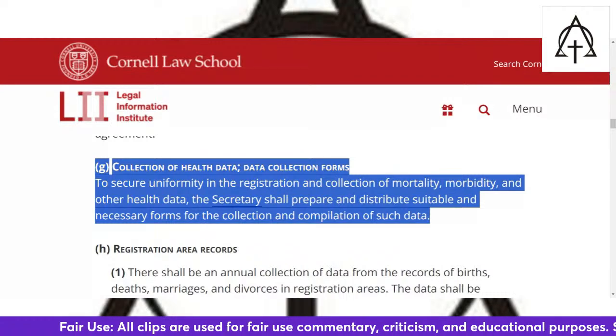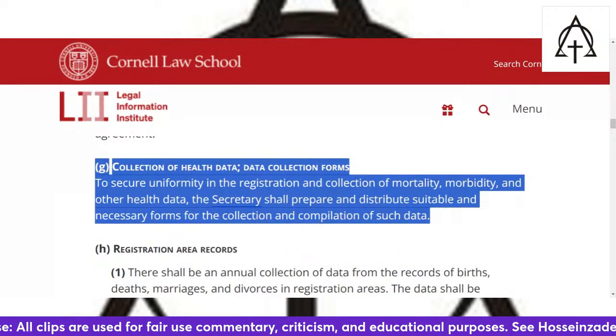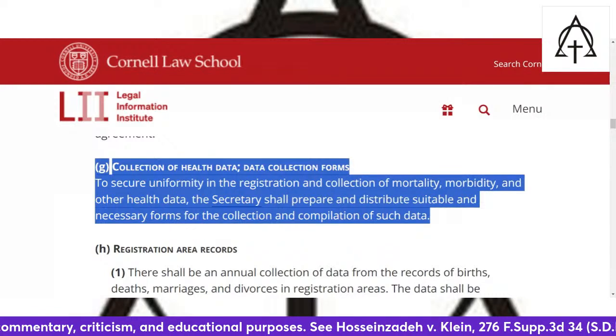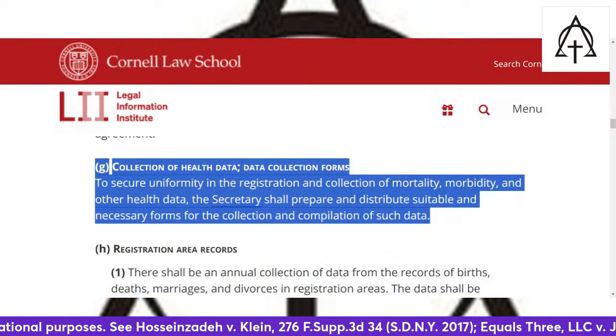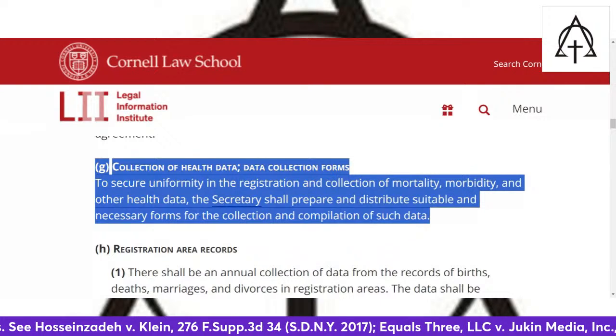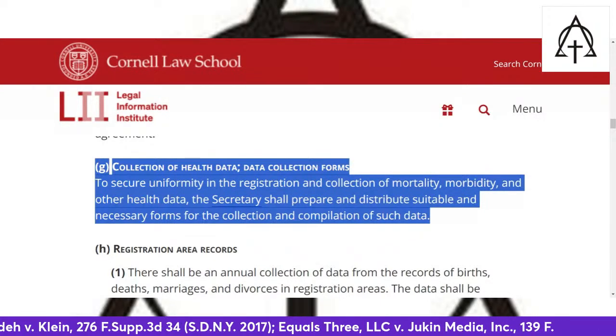You cannot be compelled to give them data just because they want it or say they need it to compile data for statistical purposes.